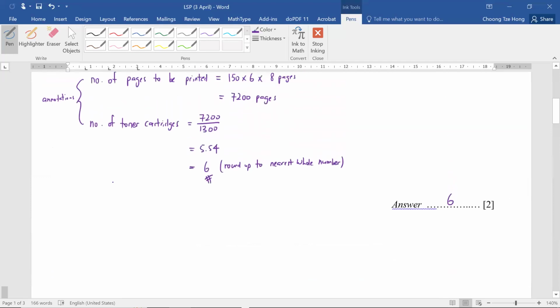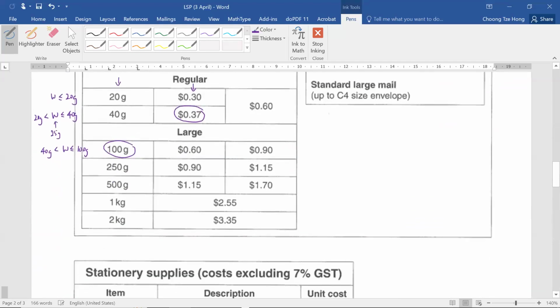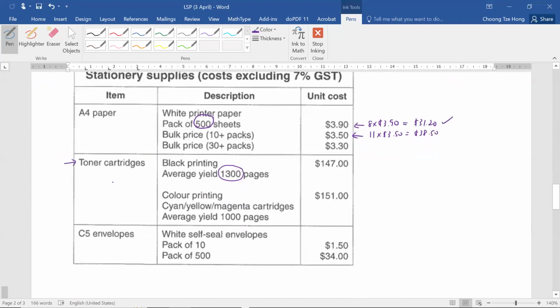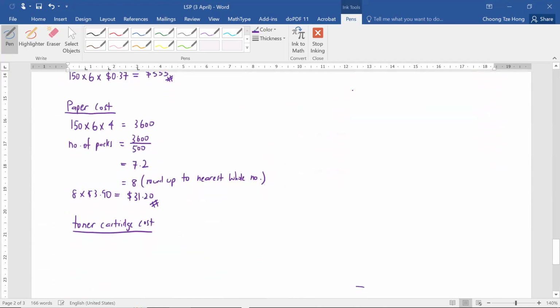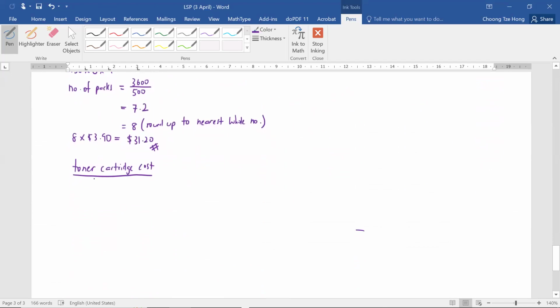If you look at this line, for toner cartridge there's no bulk buying cost, so it's just 147 for each toner cartridge. This one is easy to calculate: just 6 times 147.00, so you get $882. This will be the cost for toner cartridge.